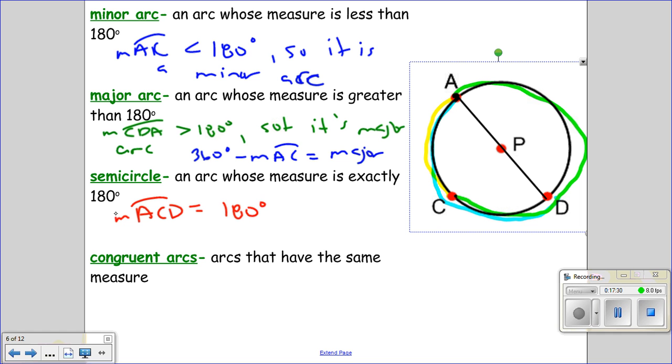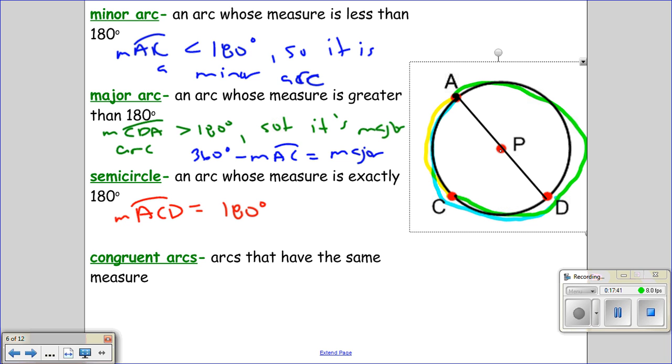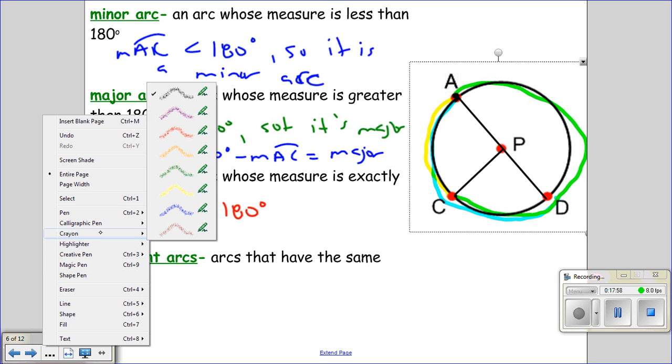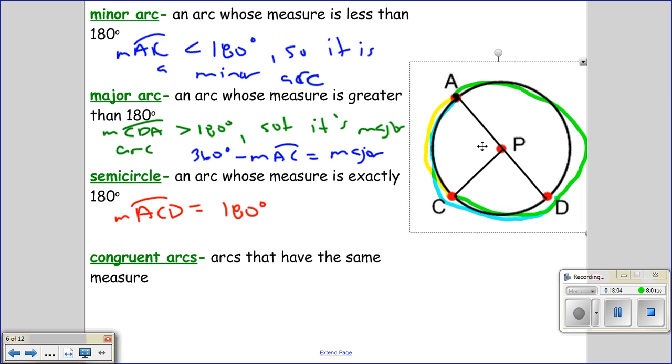Congruent arcs are arcs that have the same measure. So for example, if I were to draw the radius CP on my picture over here, it would mean that this angle is 90 degrees, and this angle is also 90 degrees.